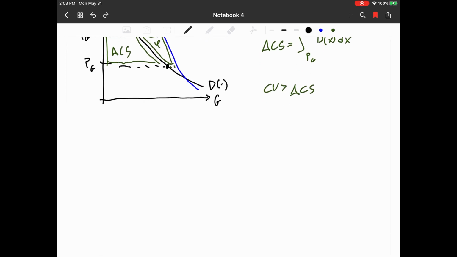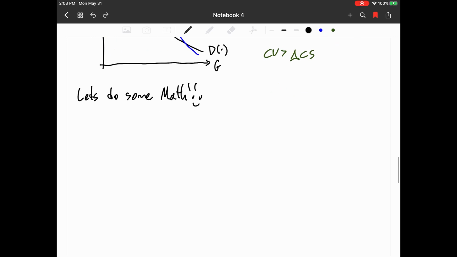So first we're going to set up the Hicksian and the Marshallian demands. We've already gone through and actually calculated the Hicksian and the Marshallian for the Cobb-Douglas.